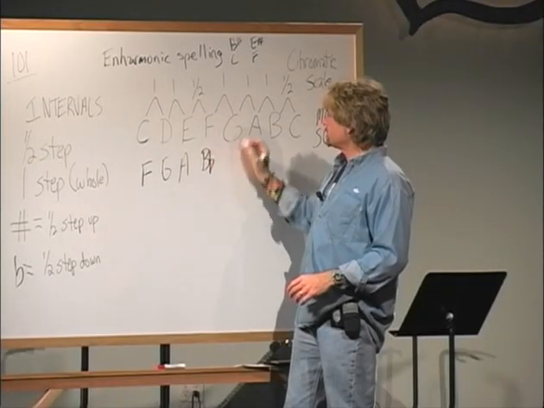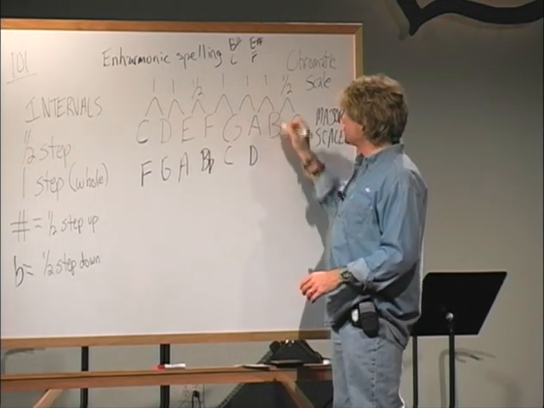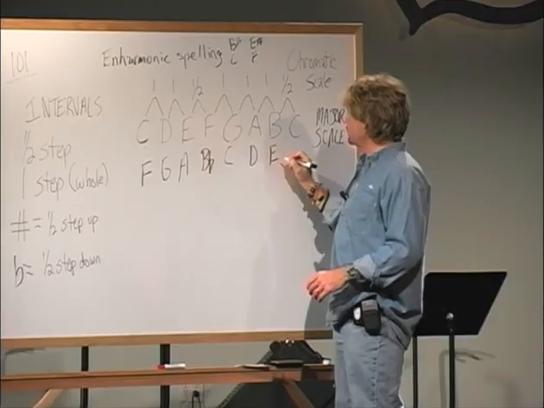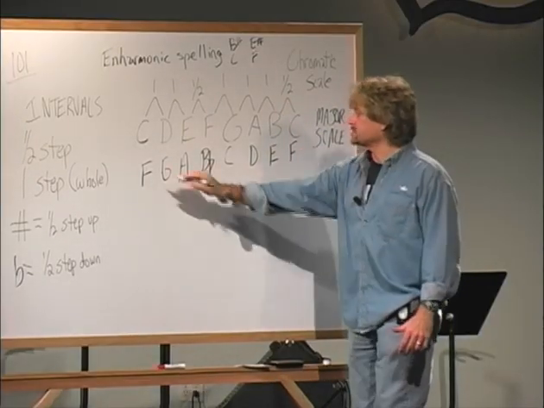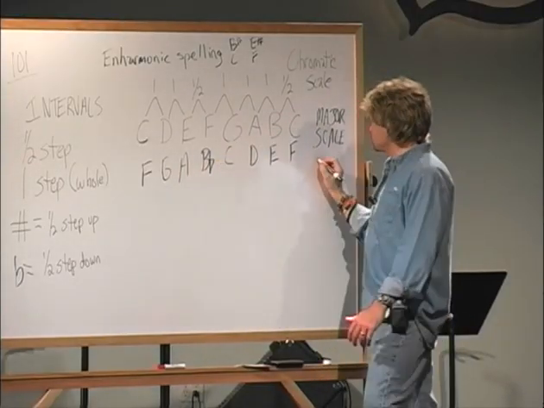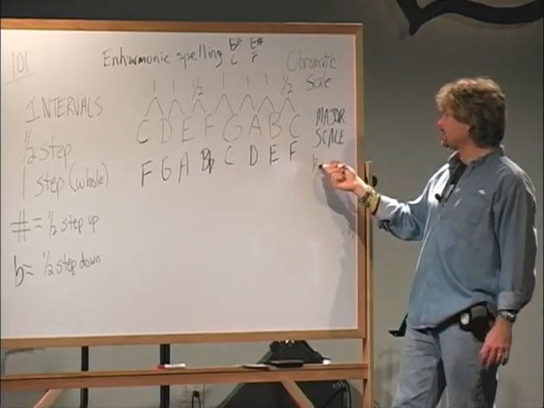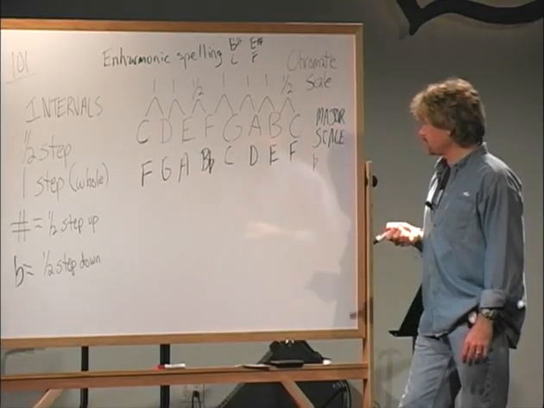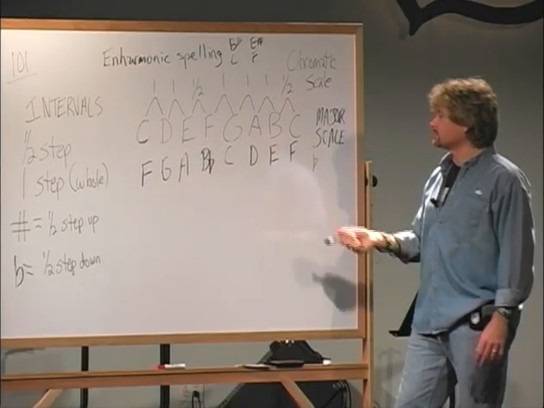And then a whole step up from B flat is C, whole step up from C is D, whole step up from D is E, and a half step up from E is F. So same intervals. Now look what happened. We created 1 flat. Well, guess what? There is only 1 major key that has a flat in it, and that is the F major key. Well, yes, the F major key has that 1 flat.